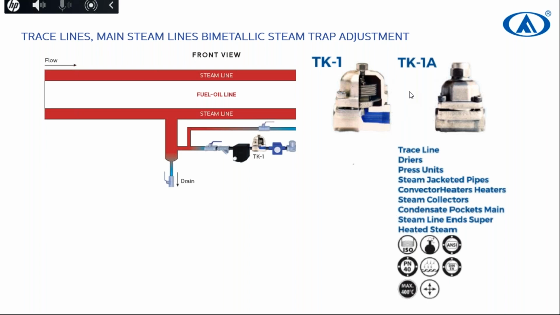So you can raise the discharge capacity of the steam trap. In those cases, you need to adjust it. For example, if you use it with 5 degrees Celsius temperature difference, it can work as a thermodynamic steam trap.